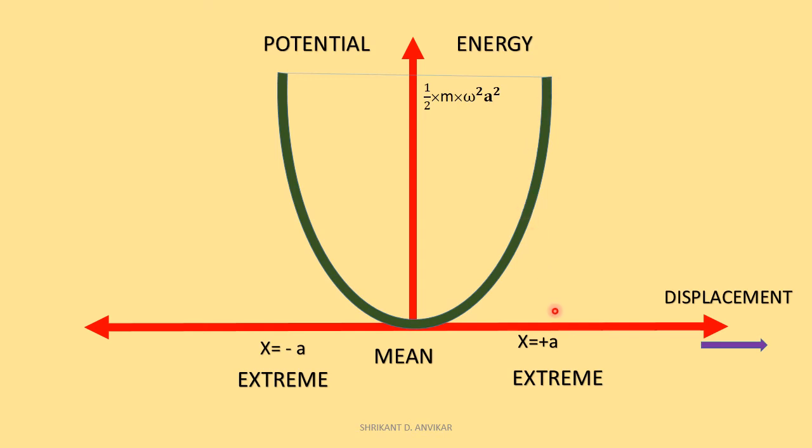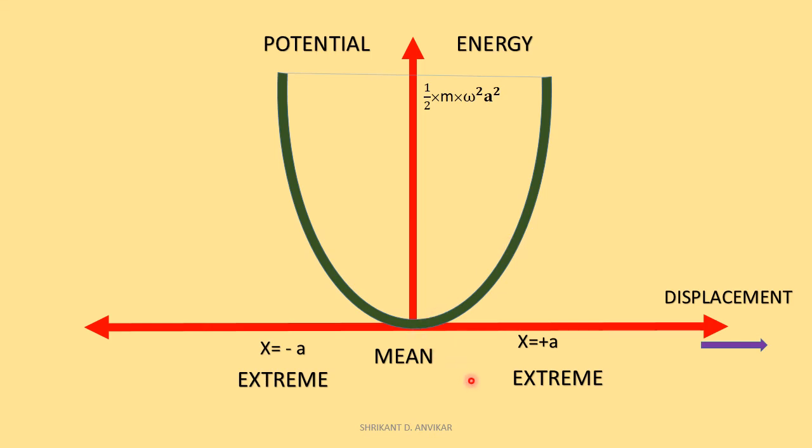At the extreme position, potential energy of the particle is maximum. When the particle is moving away from the mean position to the extreme position, displacement of the particle goes on increasing, and therefore potential energy of the particle goes on increasing.